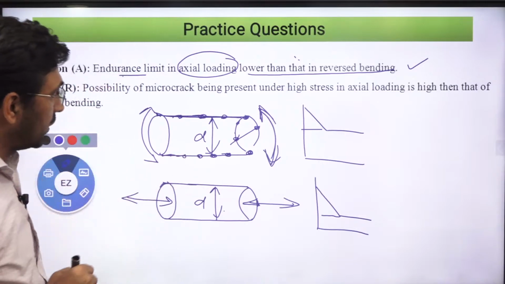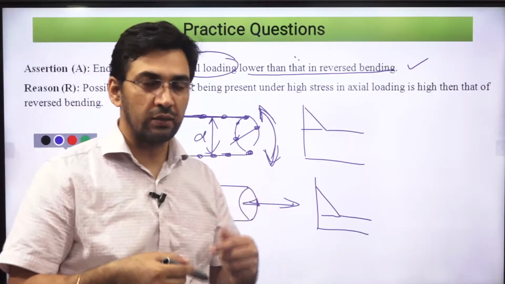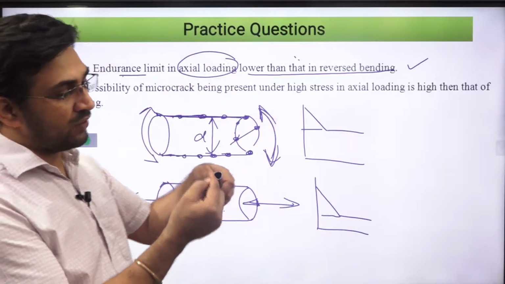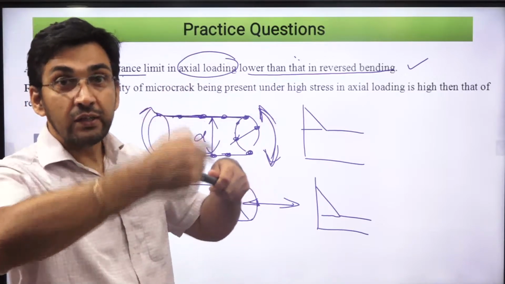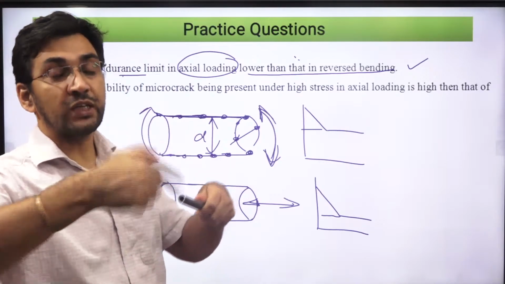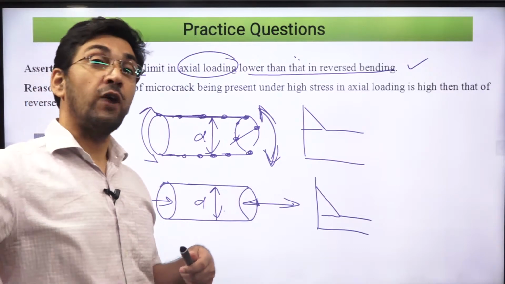Or if you are rotating it, because you have calculated it based on the rotating beam specimen, even if you are rotating it, only the periphery portion, the top fiber, all the points on the top fiber are subjected to completely reversed stresses of highest magnitude.